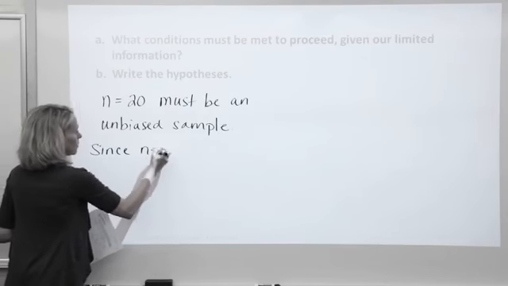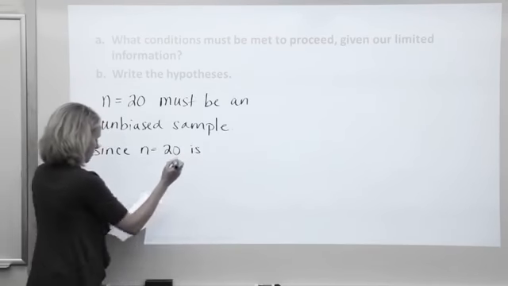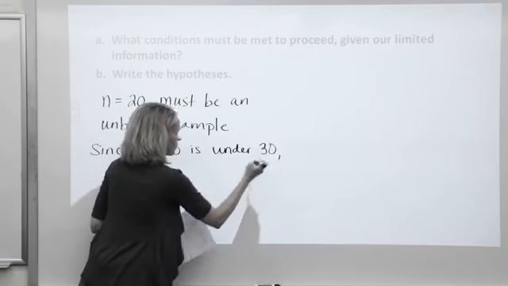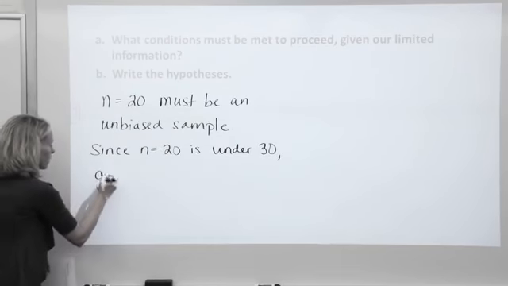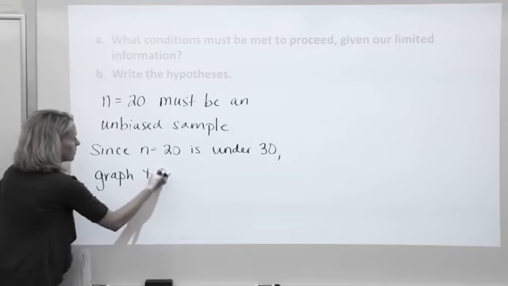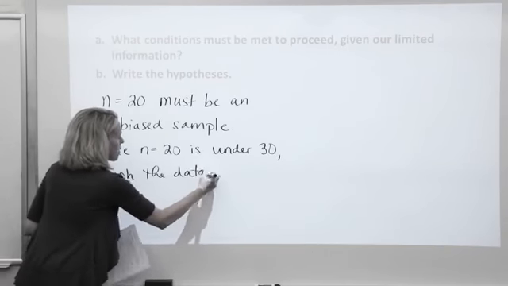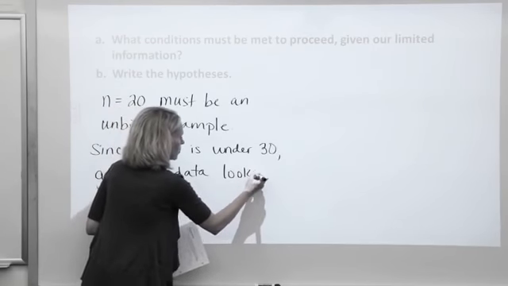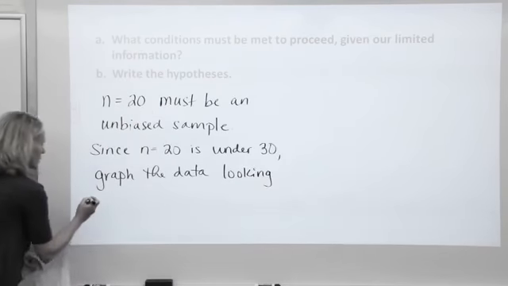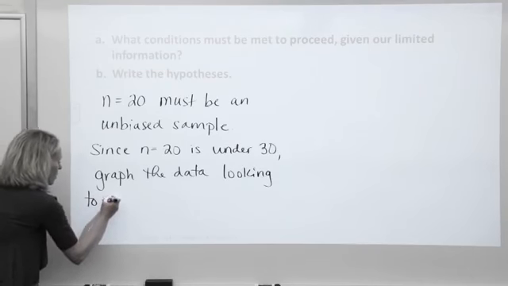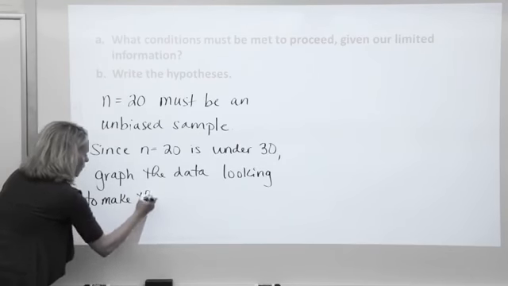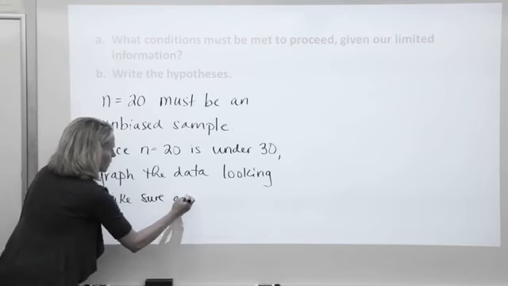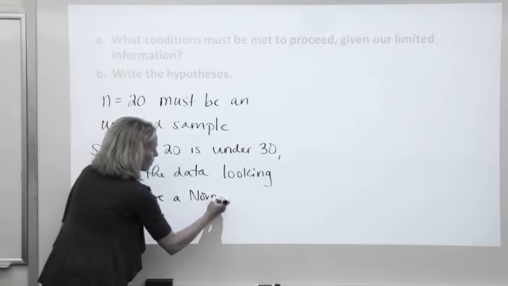So since that sample size of 20 is under 30, you should graph the data, looking to make sure a normal model is appropriate.